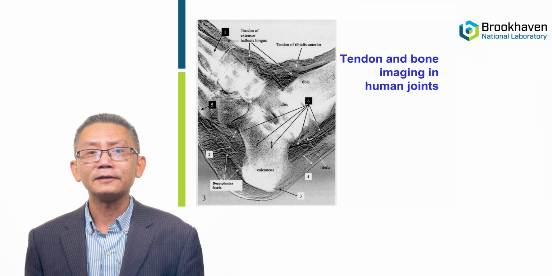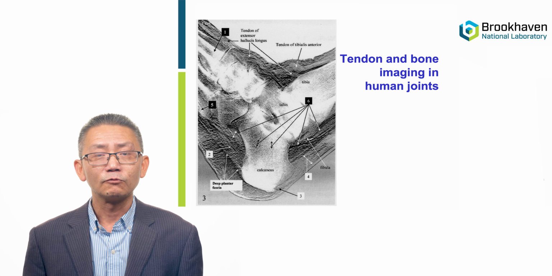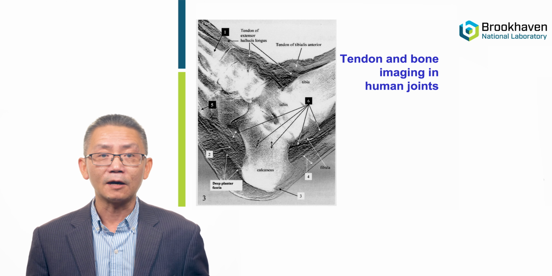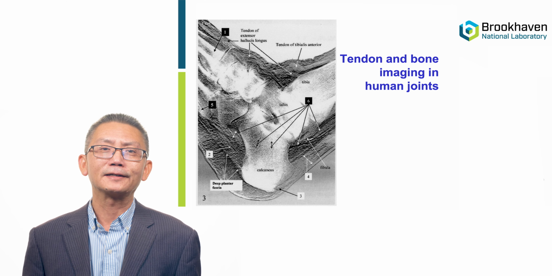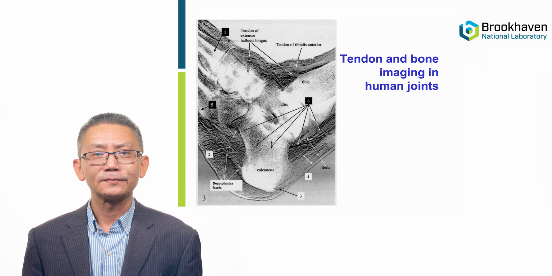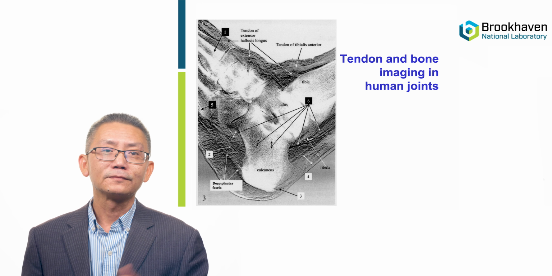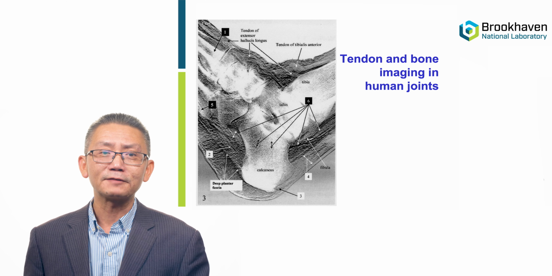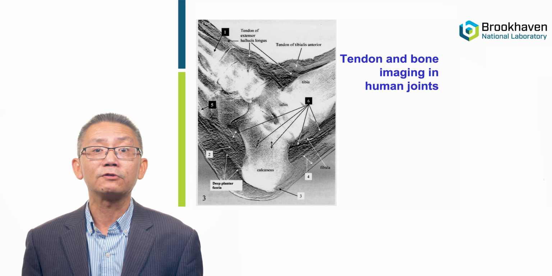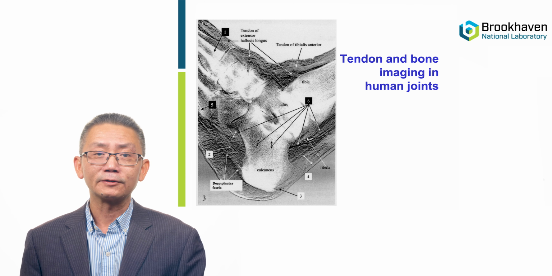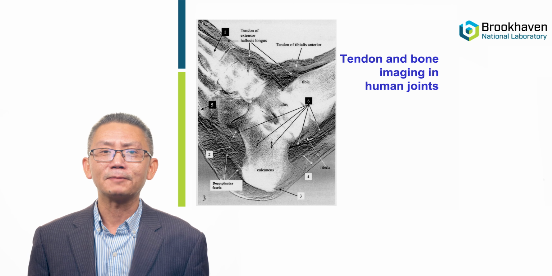You take an MRI, you don't see the bones, you see only the soft tissue. With DEI, because it's optimized for soft tissue, but it also uses X-ray attenuation that images the bone, you really see the bone, the tendons, the soft tissue, and more importantly, you see the interface in between them. That's where most disease actually happens. So this is very powerful.